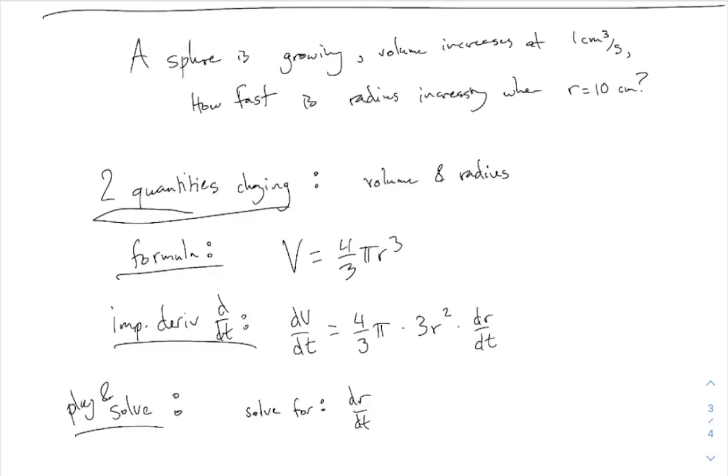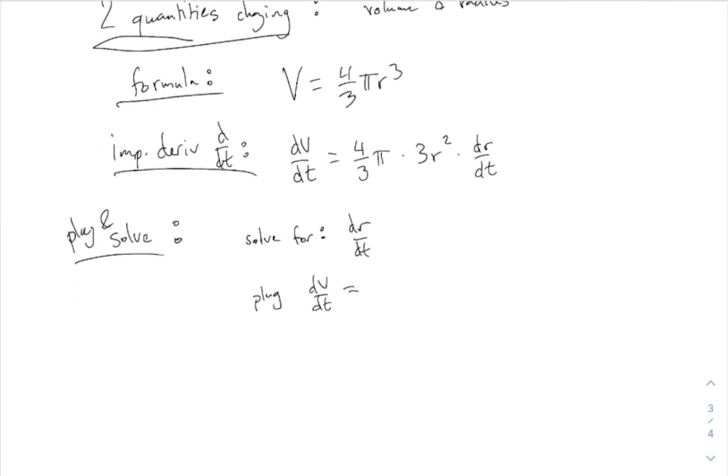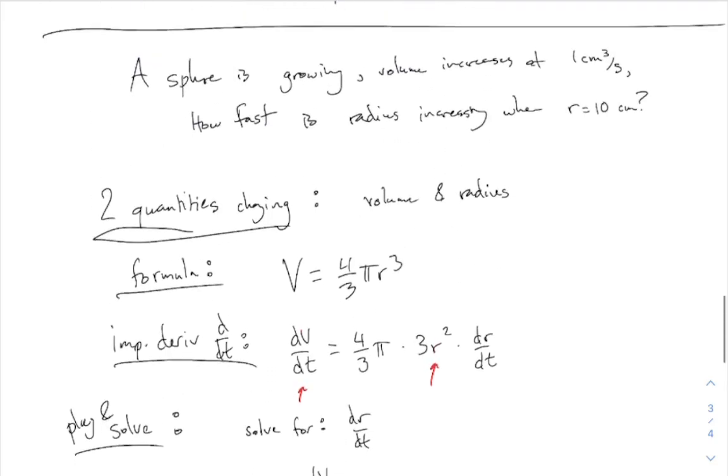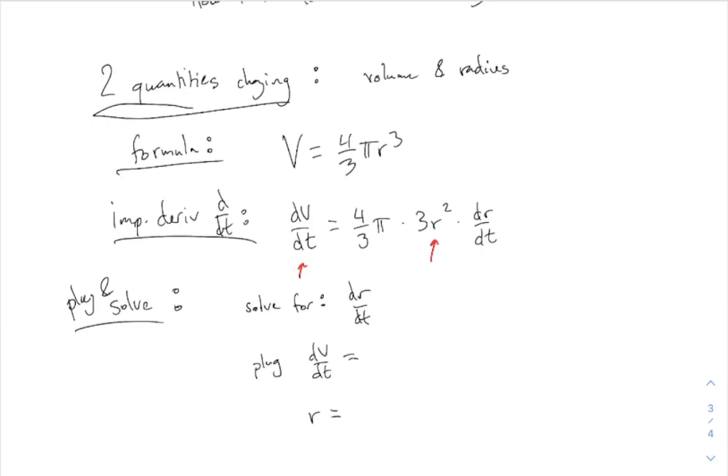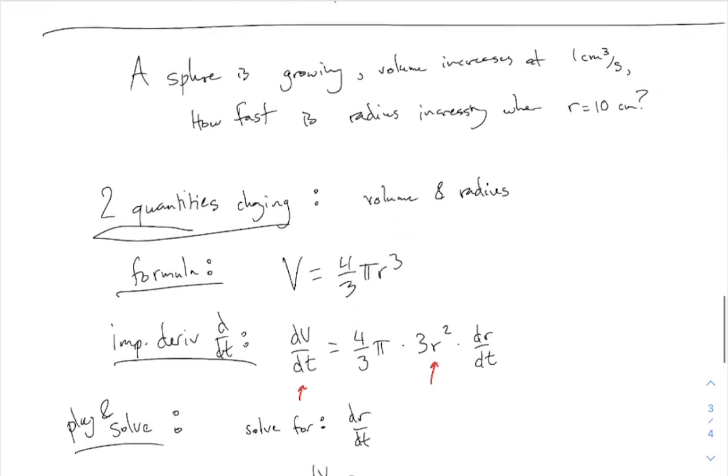That means I got to plug in for everything else. So I need to plug in something for dv dt and something for r. Everything else is already a constant. And hopefully those things are both described in the original question. dv dt means how fast the volume is increasing, and I said 1 cubic centimeter per second.